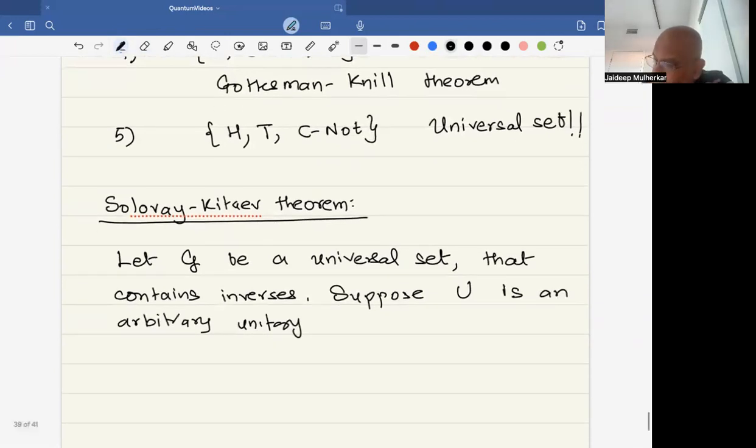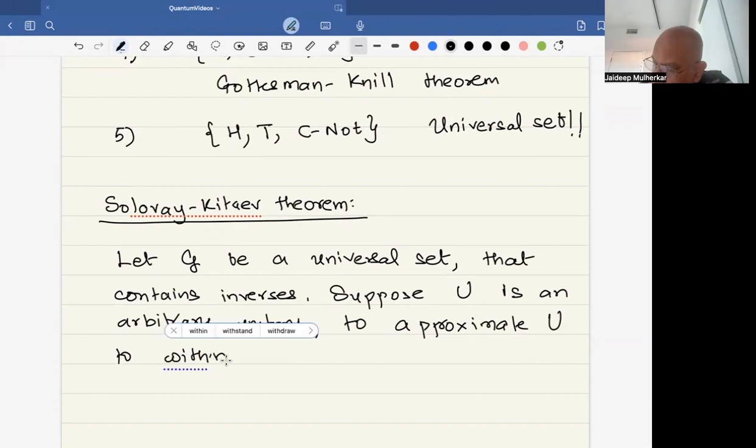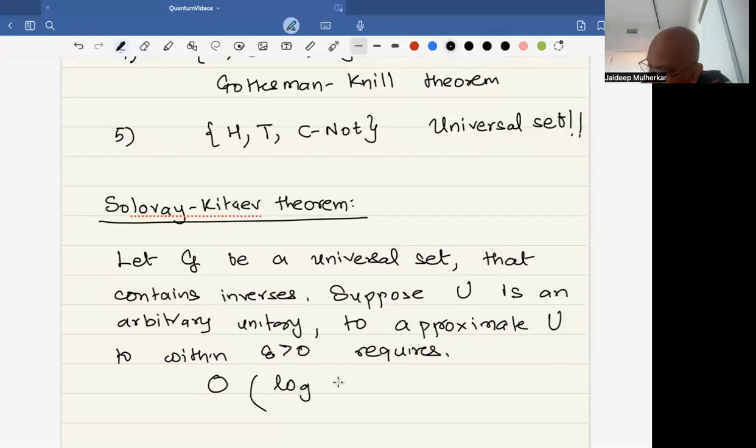Then to approximate U to within epsilon greater than 0 requires order of log to the power c of 1 over epsilon gates in G, where c is some constant.